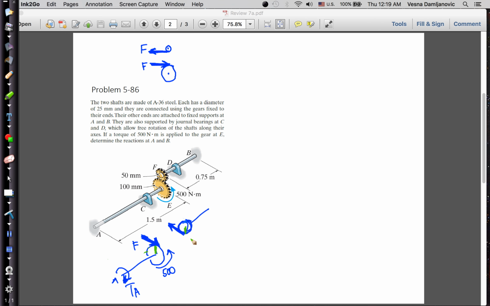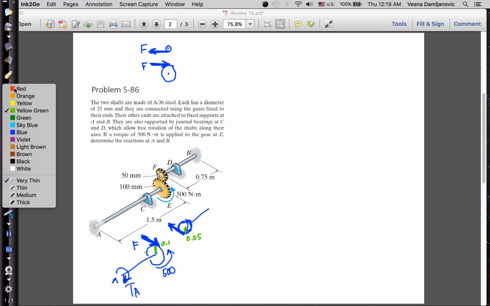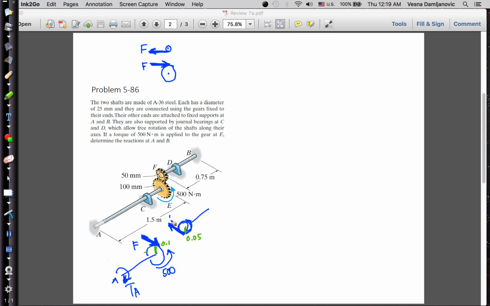So this radius is 50 millimeters, so it's 0.05. And this radius here is 0.1. And this is a force, the same force as this one.